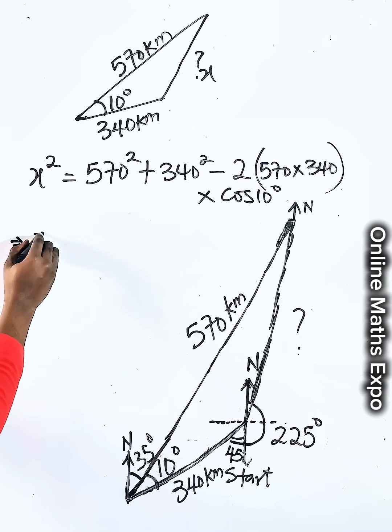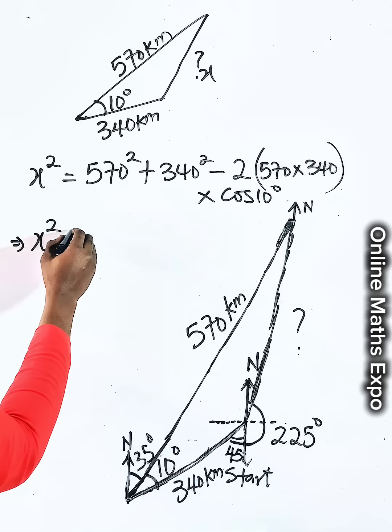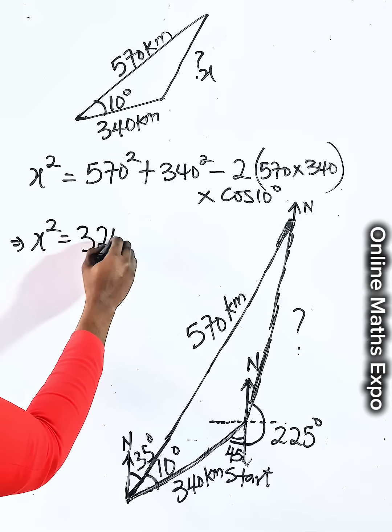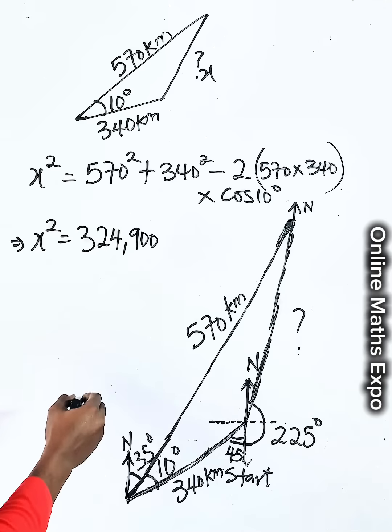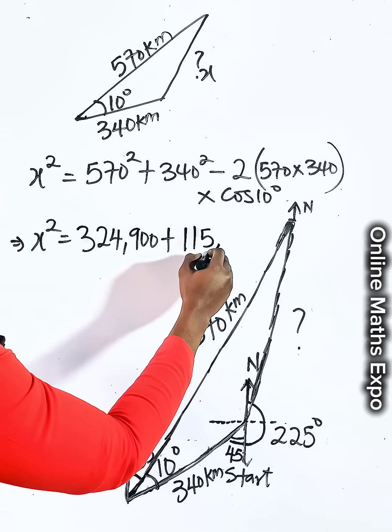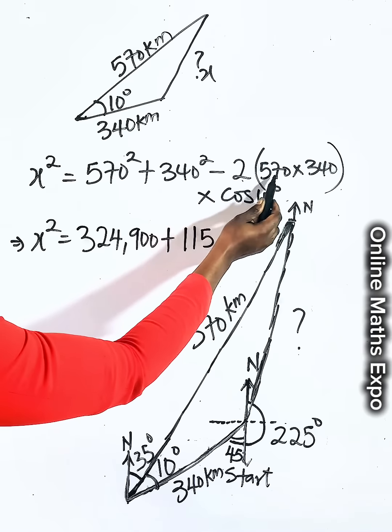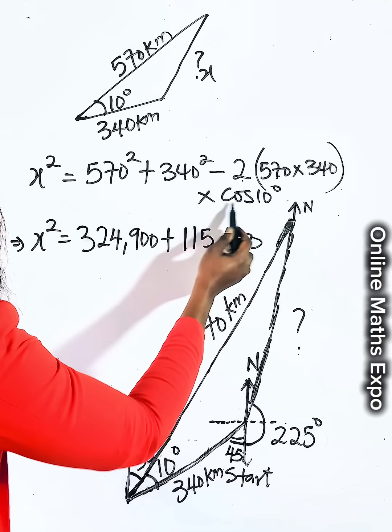So let's take this part. We're going to have x squared is, use your calculator, 570 squared gives us 324,900 plus 340 squared, 115,600, then multiply minus 2 times this times cos 10.